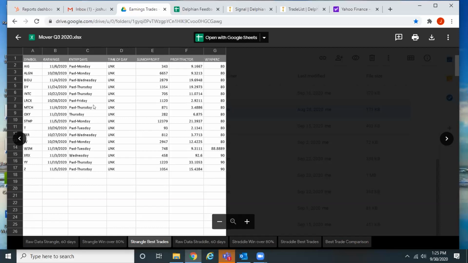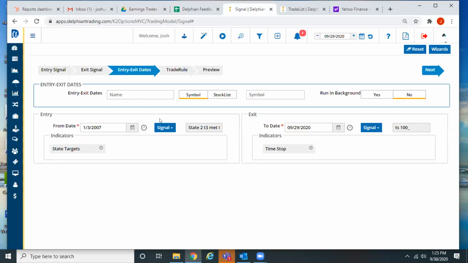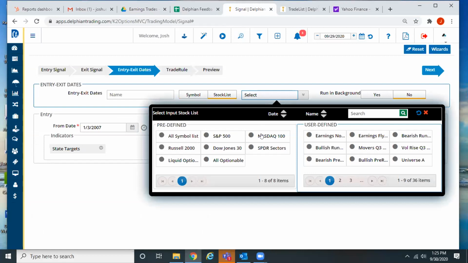The reason we want to do that is we can create a stock list of anything that wins over 90% or 80%, or if you just want the 100% ones, you can create that stock list of all those symbols from the testing. Then you go back in, run another back test, and create an alert for all those symbols. So you'd have a custom stock list. That's all optionable, so that's the 4,000, which I'm not going to touch right now.